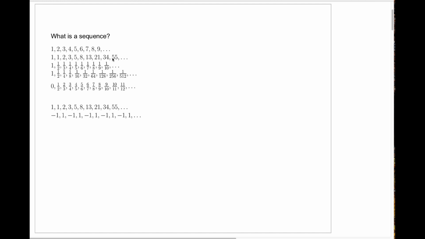This sequence you might recognize as the Fibonacci sequence. Let me draw these in here. These are the natural numbers. These are the Fibonacci numbers. The Fibonacci numbers are defined in the following way.